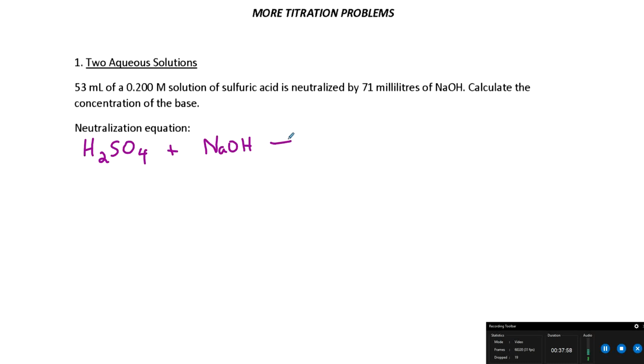And then we're going to make our products. So the sodium and the sulfate get together. Sodium's a +1 and sulfate's a -2, so they're going to combine like that. And then the H and OH get together to make water. So we're going to have to balance this. I need a 2 here, and then I'm also going to need a 2 there.